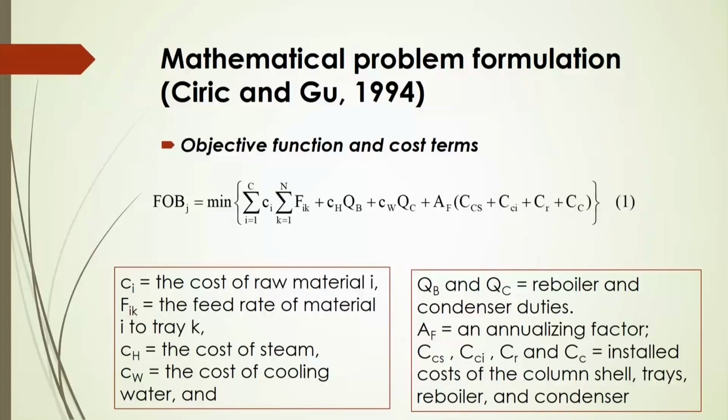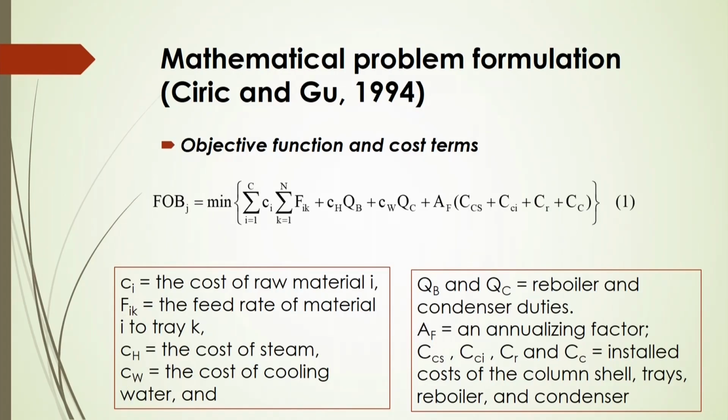Af refers to an annualizing factor, and CCS, CCI, CR and CC all refer to the installed costs of the column shell, trays, reboiler and condenser respectively.